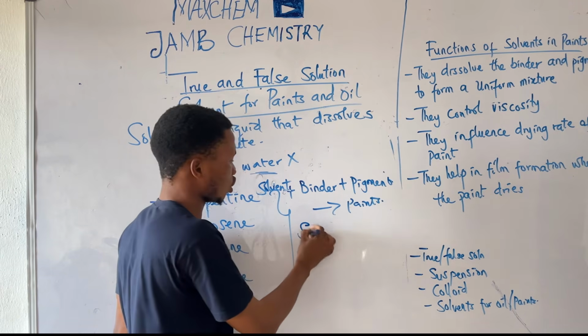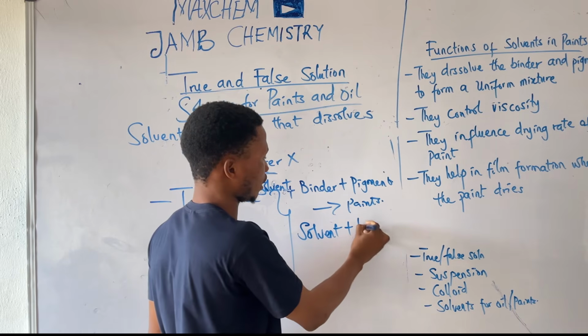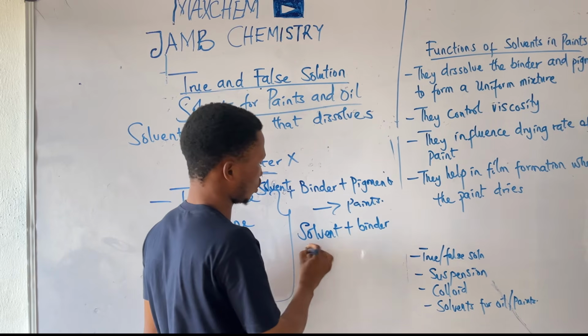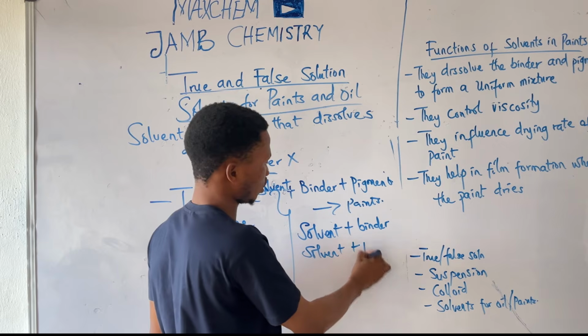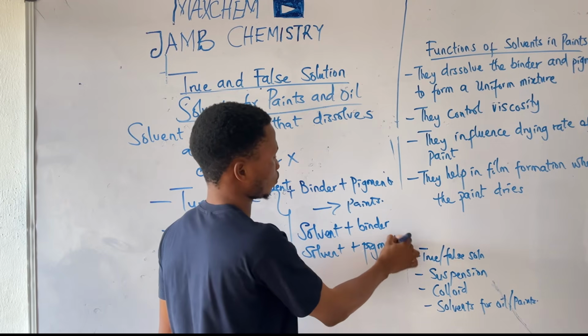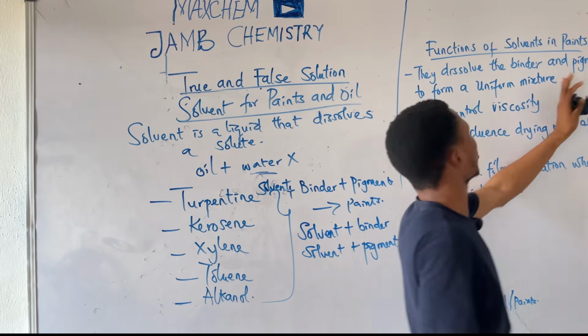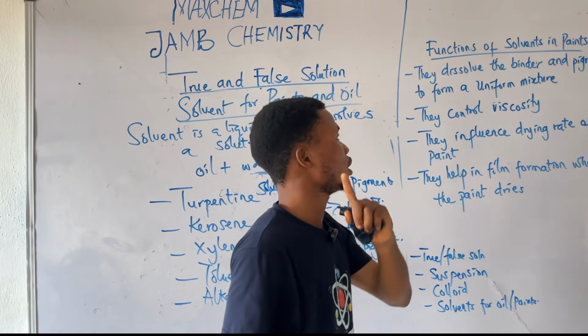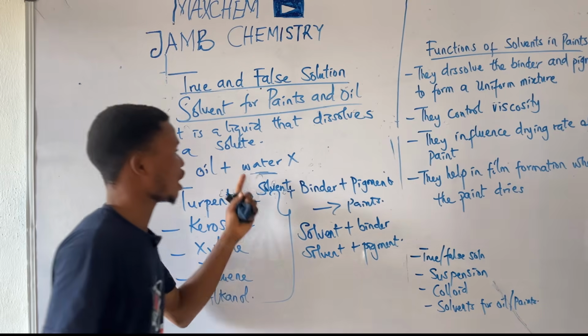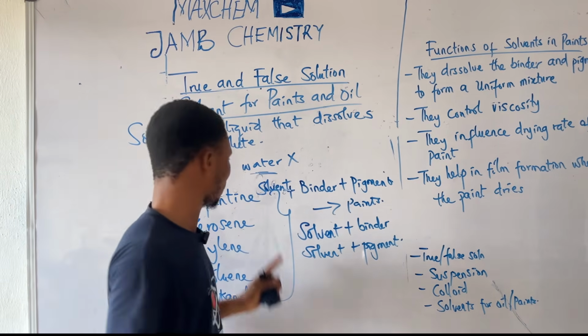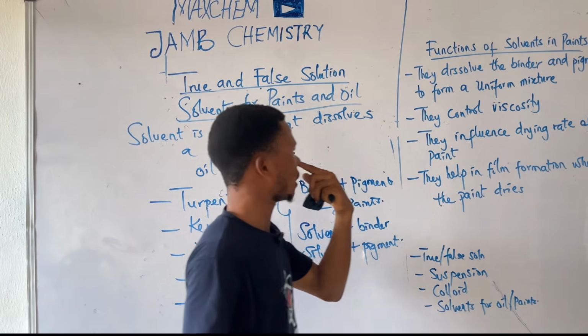So it can be solvent plus binder, or solvent plus pigment. You should know that water cannot do that, and that is why these can do it. Another thing is they control viscosity.